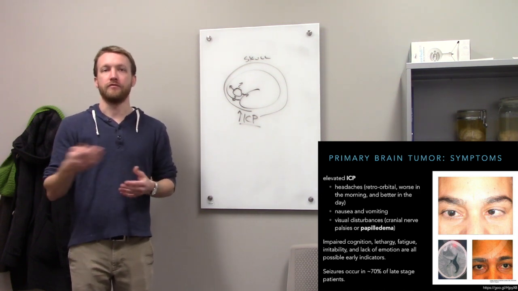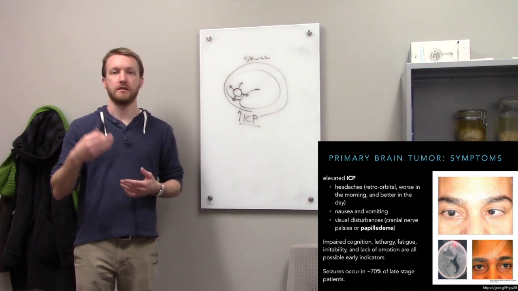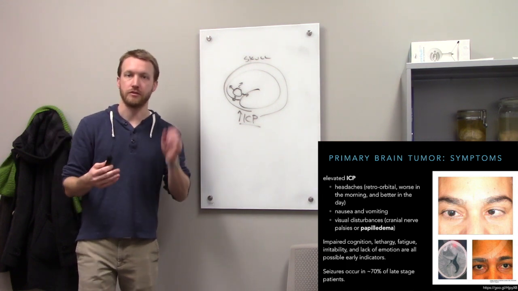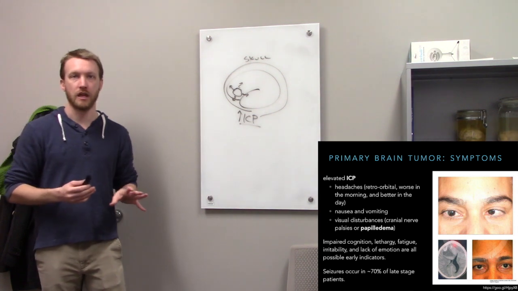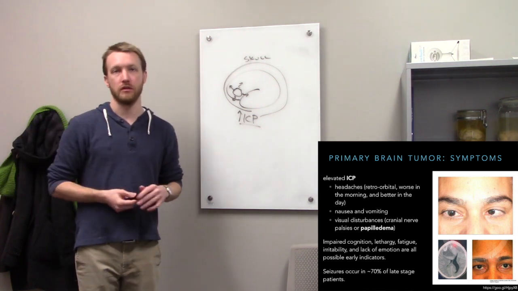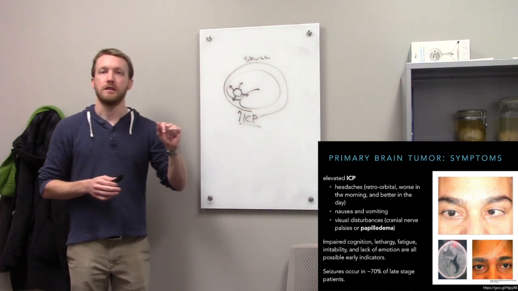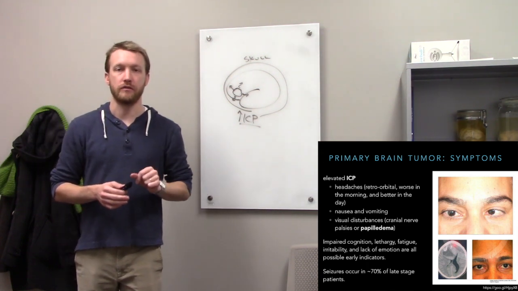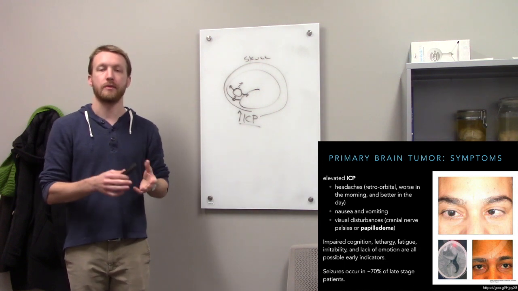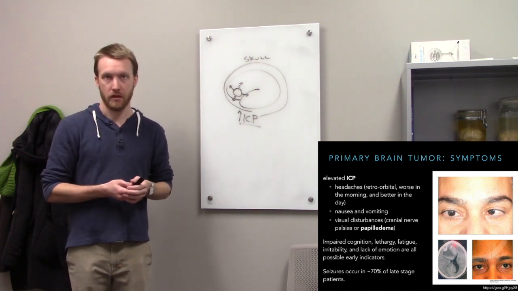There can also be nausea and vomiting because of abnormalities in vestibular function, so compression of the brainstem, for example. And it's not uncommon to see visual disturbances. So here in this image, we can see a sixth nerve palsy or improper function of the abducens nerve.